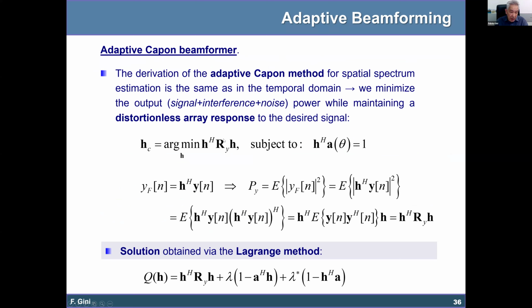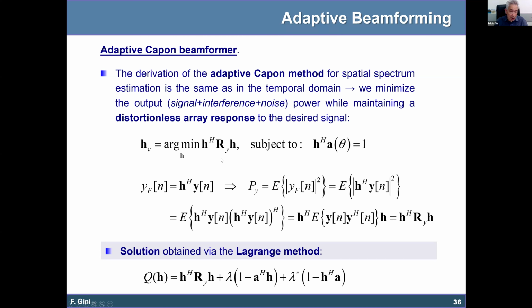If you don't remove Ry and you keep Ry in the optimization problem, it means that you try to minimize the contribution of the interference by using some information about how the interference is located in space, because this information is here.